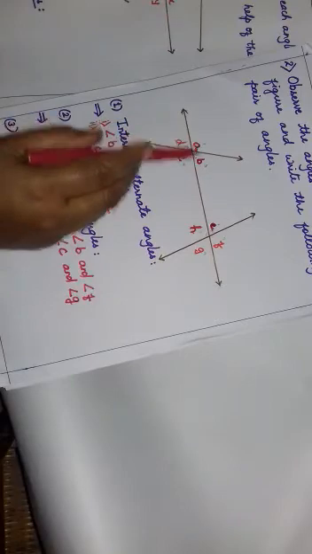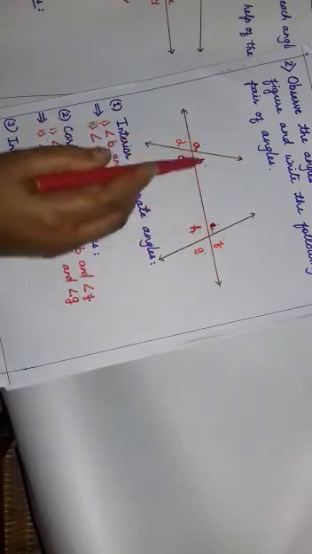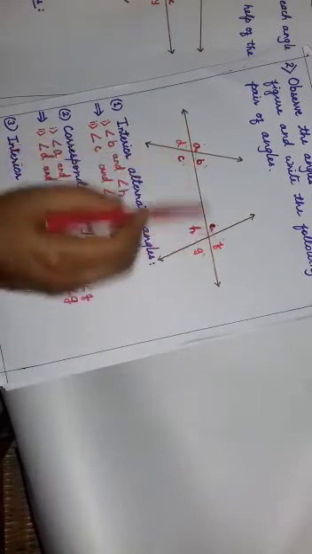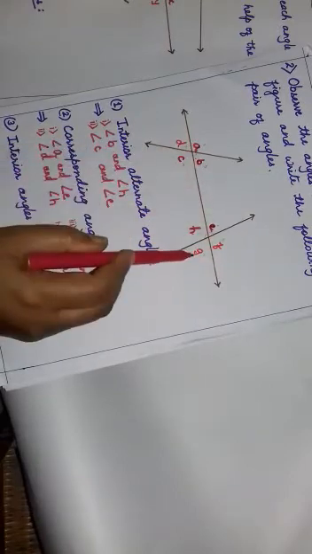Corresponding pairs means beside these 2 lines the upper one. Here also upper one in the next pair, and then the below one, B and F, C and G.